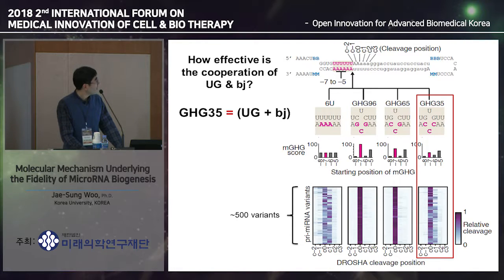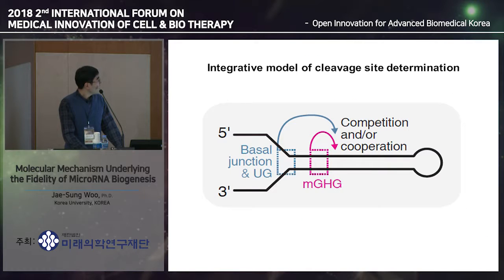So the GHG 35 has equal efficiency with the UG and BJ cooperation. So we concluded that the cleavage site is determined by the MGHG motif first of all, and the basal junction and UG motif. They compete and cooperate with each other to determine the cleavage site.